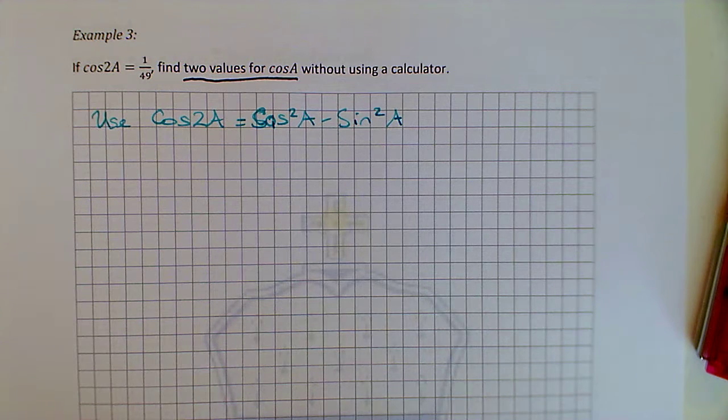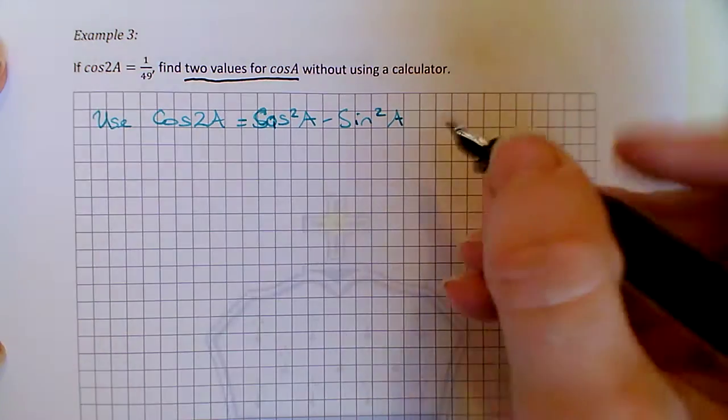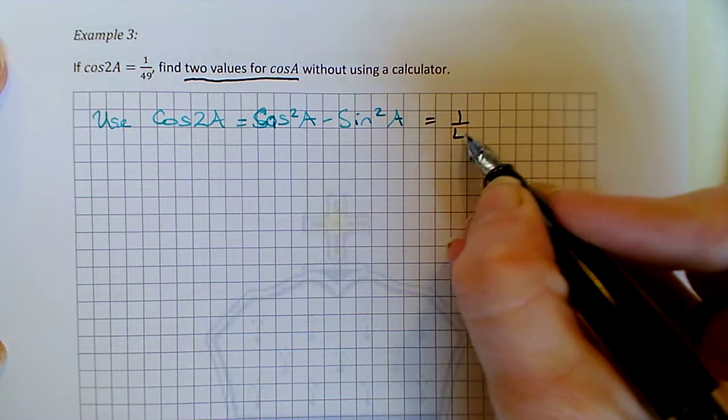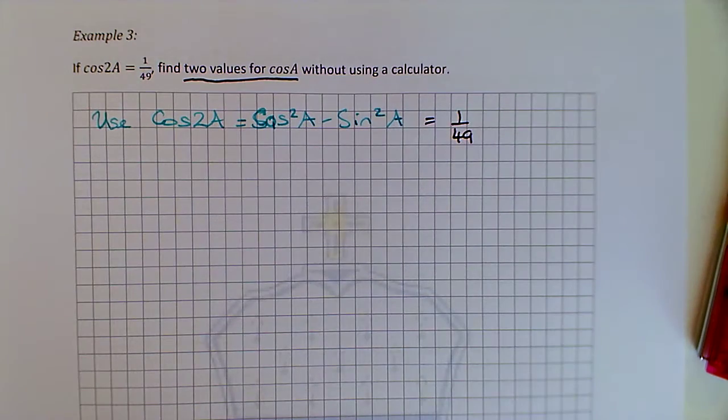Now, the problem with that is we don't know what cosine of the angle is. We only know what cosine of twice the angle is. So what are we going to use? So we could use that this is 1 over 49, but that's not really helping us.